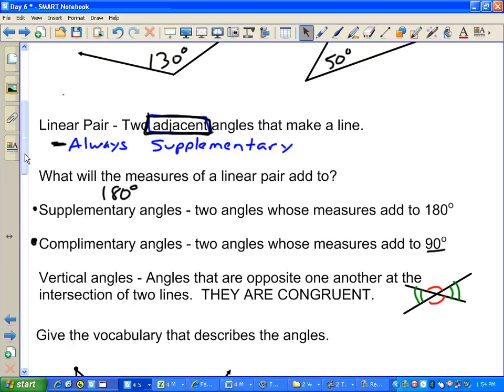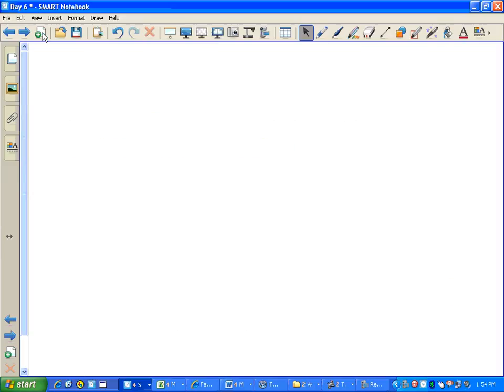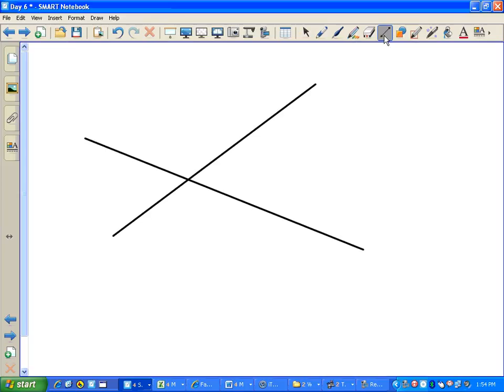Okay, and if you get more complicated pictures for vertical angles, so if you get things that have a lot of lines in them, something maybe like this, then what you want to do is trace the lines that make the angle.